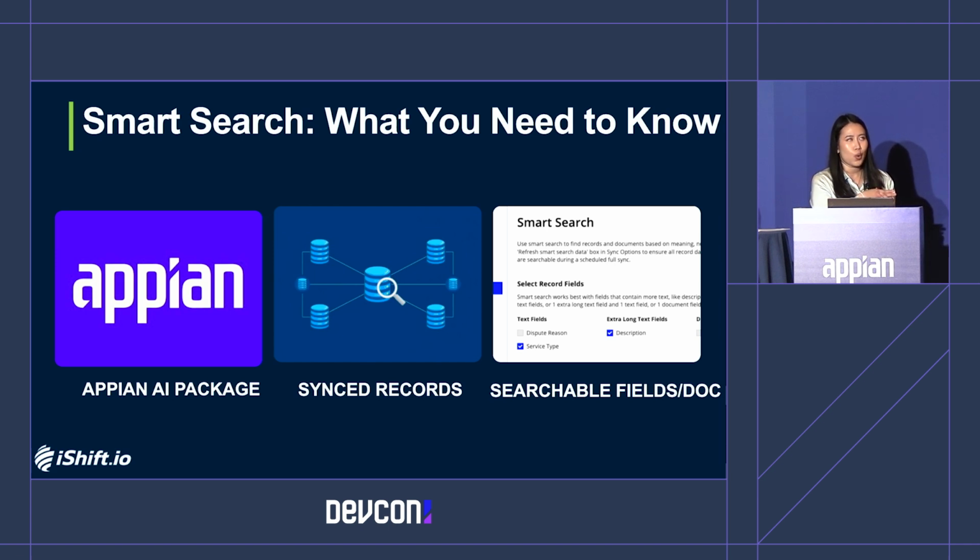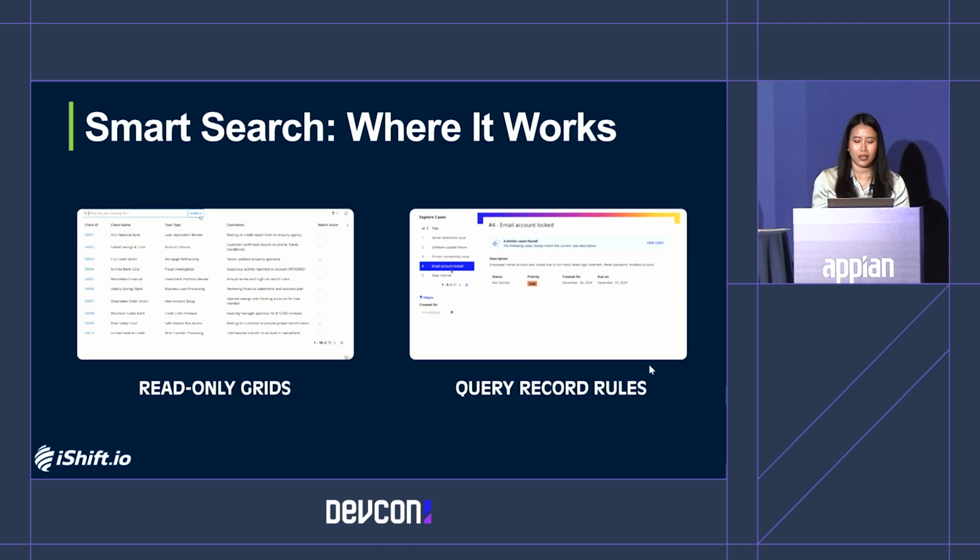If you're using an older version, the file size limit is 5 megabytes. And if your files have photos, it's not able to read those. You can do your Smart Search within a grid, or you can also call it within a record query rule.